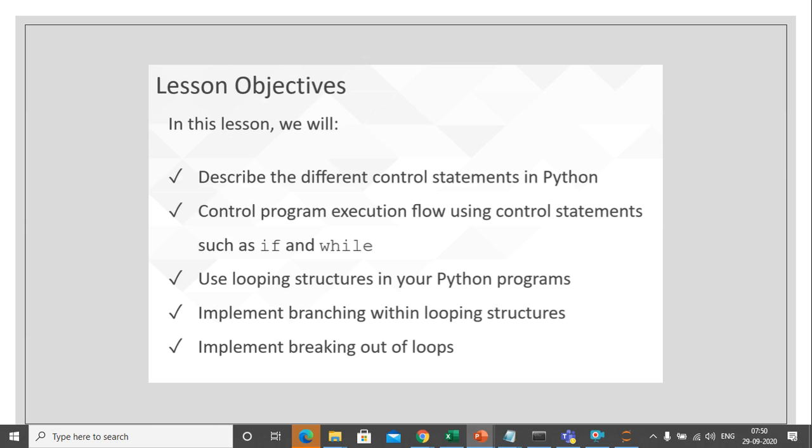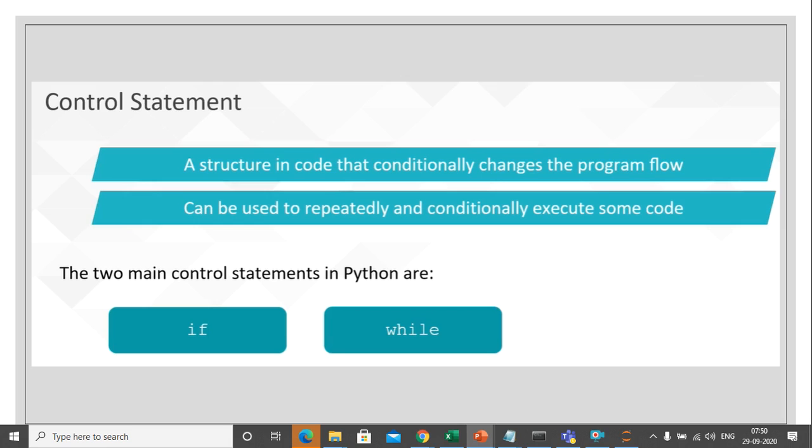Now the objectives of this particular lesson are if, while, and for. So let's quickly jump in. We have two things when we say control statements. While is a link between looping and control, but we have to learn it along with the control statements.